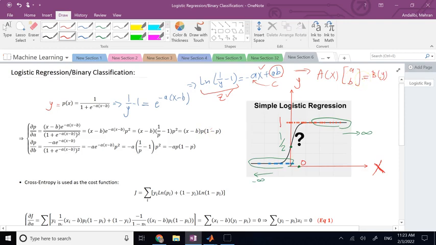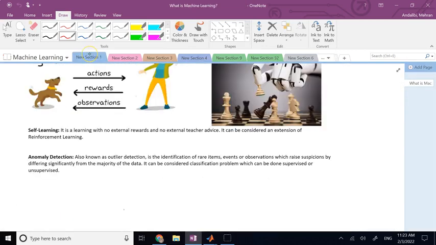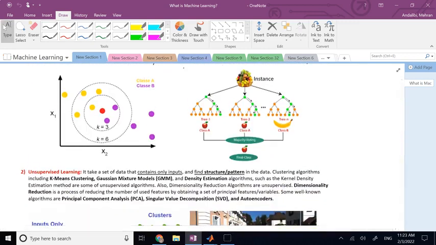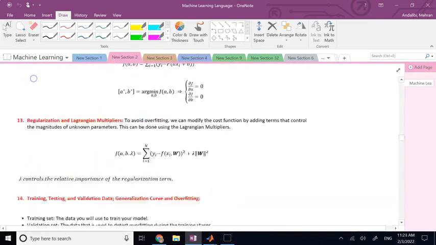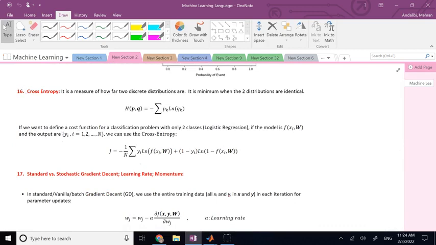So how do I do it? Well, the cost function here that you use to minimize is the cross-entropy. If you go back to one of my first videos on machine learning, when I talked about the prereqs, one of the topics that I talked about was cross-entropy. So please refer to that video.